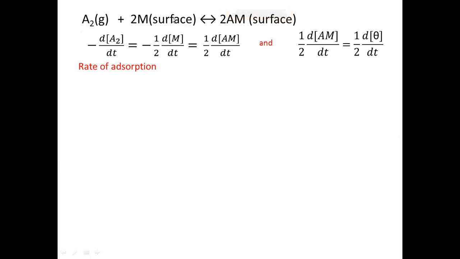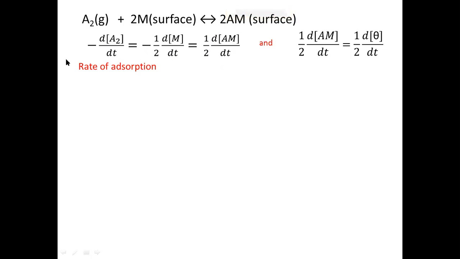So here you have a look, the rate is double, so by dividing by 2, now the rate of disappearance of this will be equal to the rate of disappearance of this. Again, two molecules of the adsorption complex are formed, so you want to equalize the rate of the A2 molecules. Again, you have to divide by 2, because this is a coefficient 2, just dividing the coefficient with 1, this will equalize the rate of the reaction.